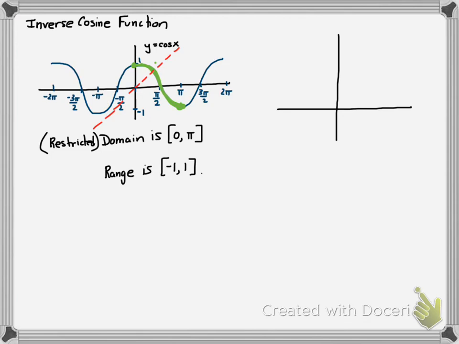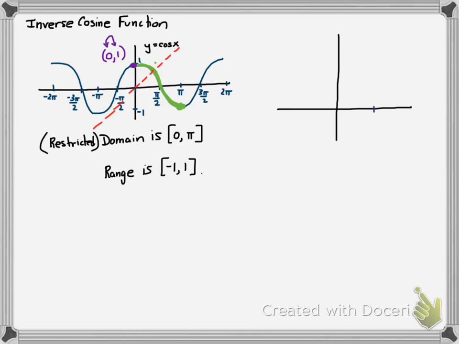Now, remember that when we find the inverse function, the x's and y's are swapping places. And so places where I had an xy on the original cosine function will now become a yx. So let's look at some important points. One of the important points is our starting point, which has an x value of 0 and a y value of 1. That point, when I draw the inverse graph, is going to swap the x's and y's, so we'll have the point 1, 0.